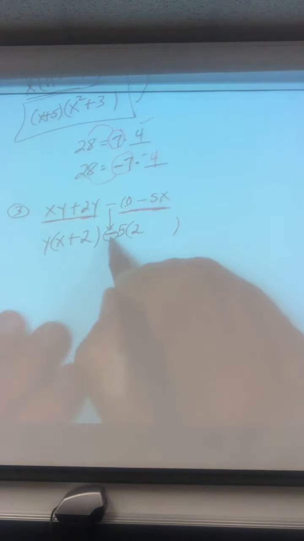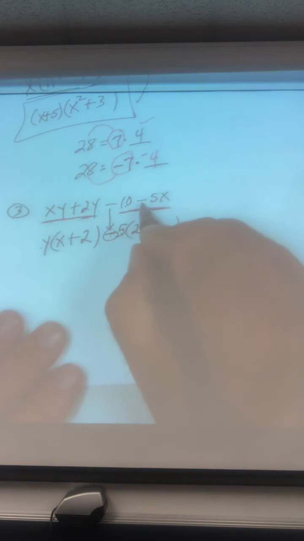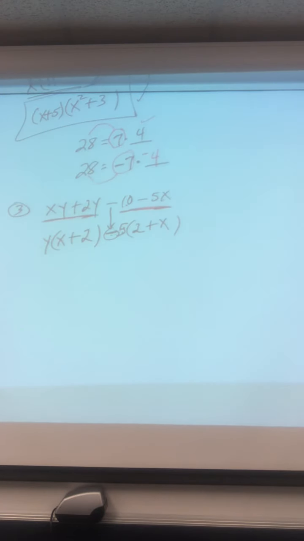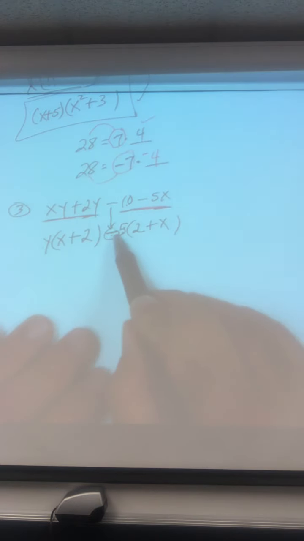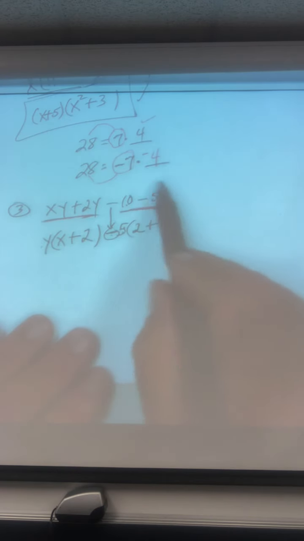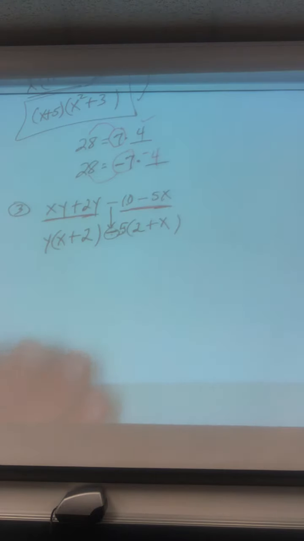But then if you divide a negative 5 into a negative 5x, that changes to plus x. Now you can always check to make sure you did it right just by distributing in your head. Negative 5 times 2 is negative 10. Negative 5 times x is negative 5x. So if you distribute that in your head, you did that right, then what's in here is right.